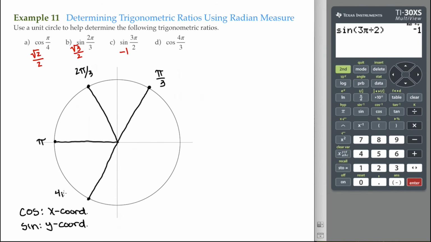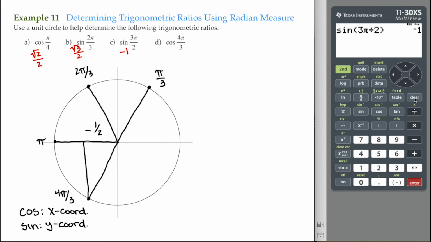Here's 4 pi over 3, 240 degrees. So again, we have a special right triangle, a 30, 60, 90 special right triangle. It's cosine, so I'm concerned with this right here, remembering the pattern for our 30, 60, 90 special right triangle. This is 1/2, but it's going back, so it's negative 1/2.